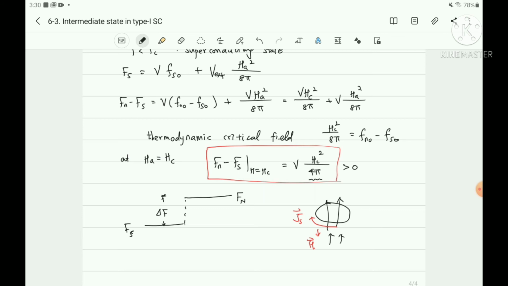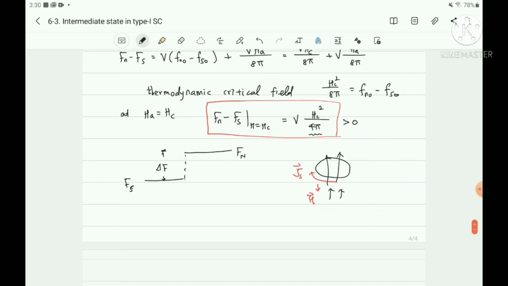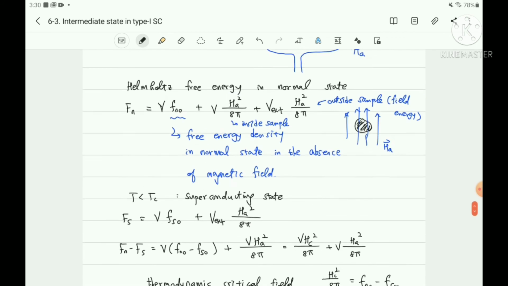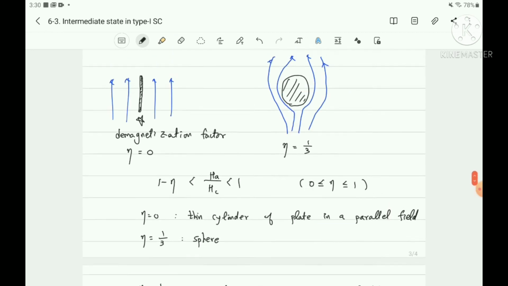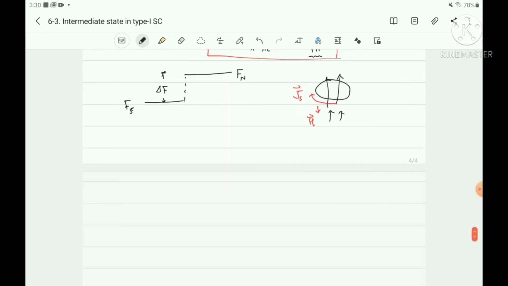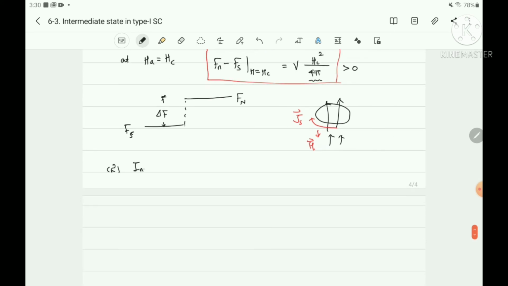Now here, anyway, let's consider the intermediate state in the flat slab.